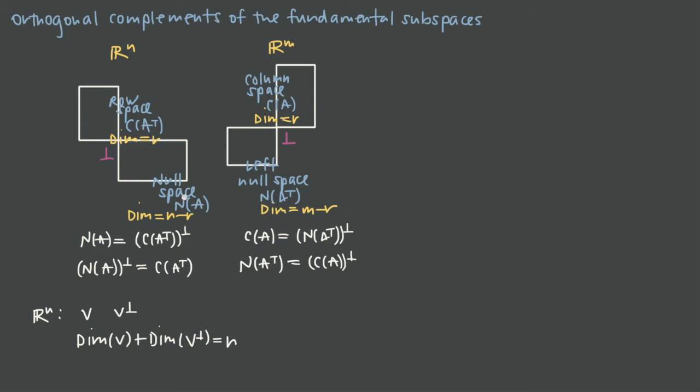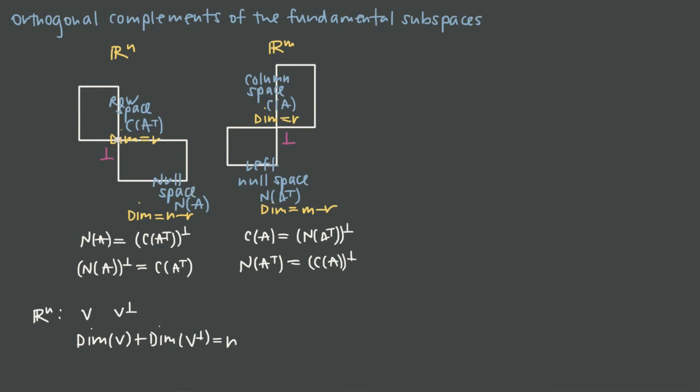Well, by definition then, that means that any of the vectors in the row space cannot also be in the null space, because if you have an identical vector in both spaces, that vector, of course, is not going to be orthogonal to itself, which means that you'll never have any overlap at all between the row space and the null space. They'll be entirely different sets of vectors, except for the 0 vector.